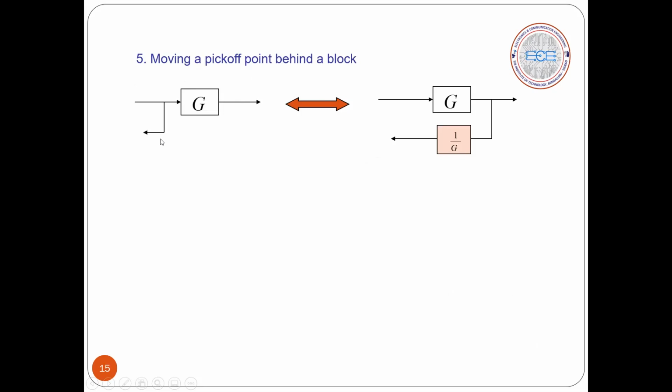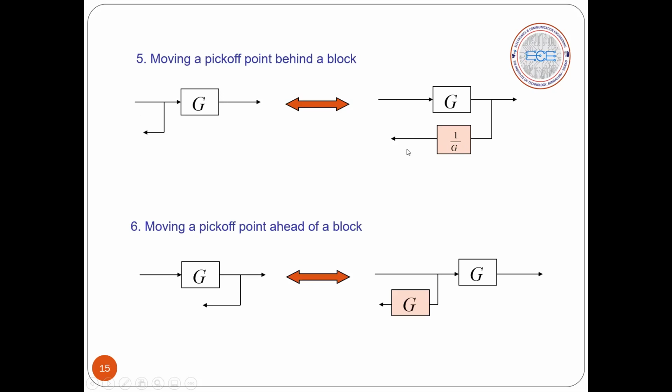If you branch out here, you will not get the effect of G, whereas if you come here, you will get the effect of G. So while coming behind the G block, I will be getting the effect of G. That I have to cancel, so I have a 1 by G block here, and I'll find now the same signal we had here. This is what we call takeoff point movement behind the block. This you call behind the block, and this ahead of the block.